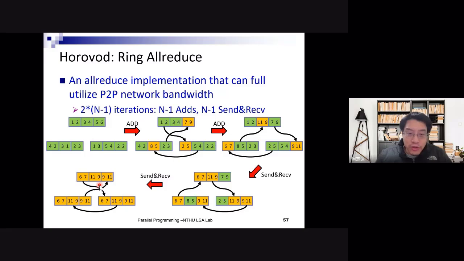Okay, so for ring all-reduce, you can see it tries to exploit the pairwise communication bandwidth. Every step, you try to propagate one part of its value to the next process. Okay, and the one that receives that value will just do the prefix or the partial sum, right? And then send out the partial sum to the next process again.